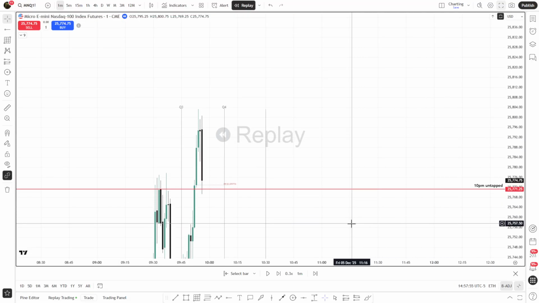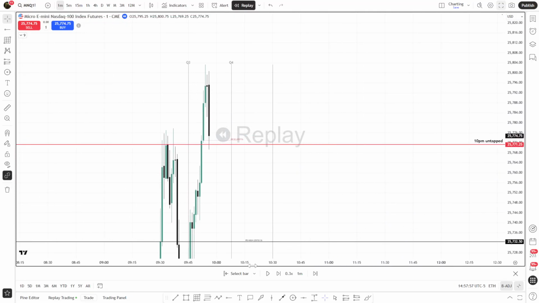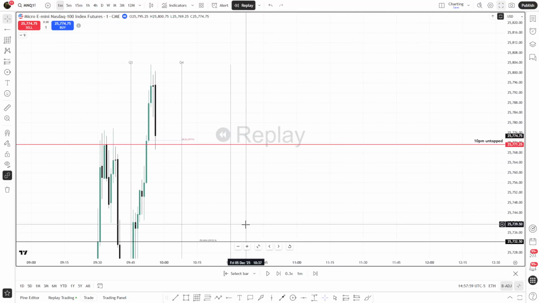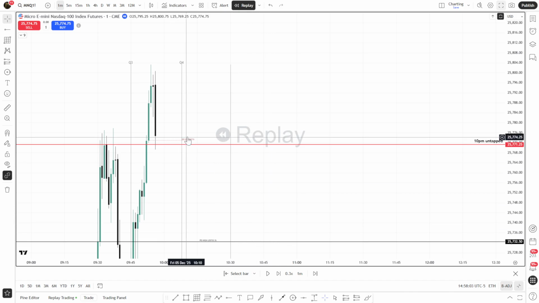We're going to kind of zoom in so we can see some of these levels on the king line all in one. So we do have a root level, a root time, all right, that coincides with this 10 p.m. untapped level and a fair value gap associated with it.